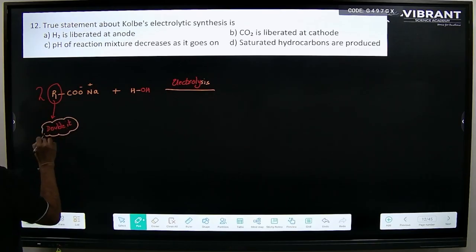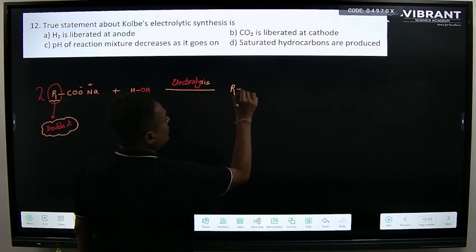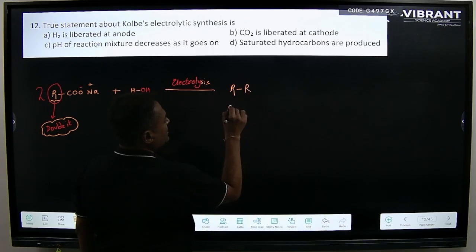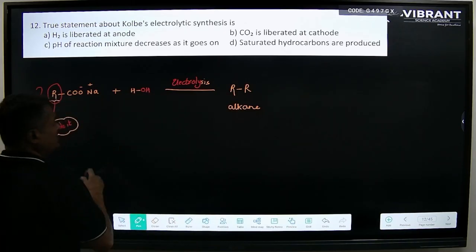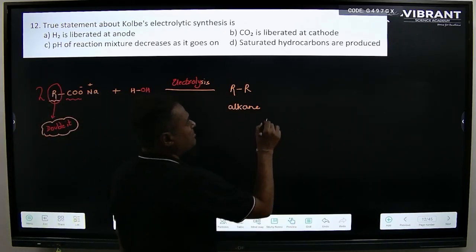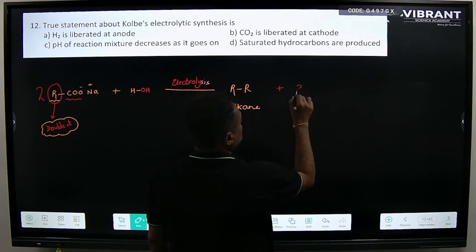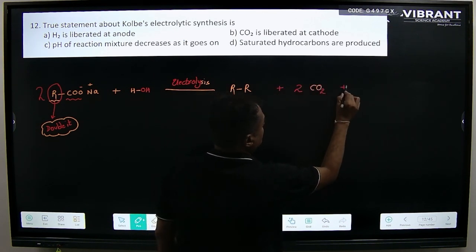Now, what is the meaning of double up? Let us see. Over here, I have an alkyl group. One more alkyl group will come over here. Will I get nothing but a symmetrical alkane as the compound formed? Is it clear? Now, what will happen? You will see that carbon dioxide will come out as the second product. So, here 2 molecules of carbon dioxide are also given out. Now, wait, what is left out?